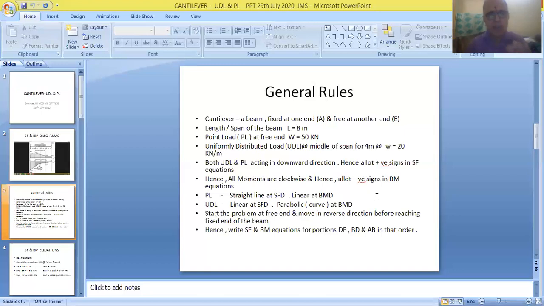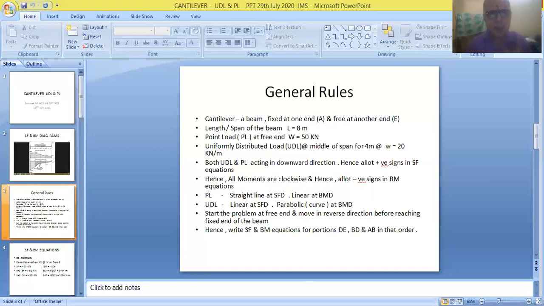These are the symbols to be used while preparing SF and BM equations. If you use a minus symbol instead of plus, or vice versa, you will be going wrong in the exam. So allocation of correct symbols is very, very essential while writing SF equations as well as bending moment equations.